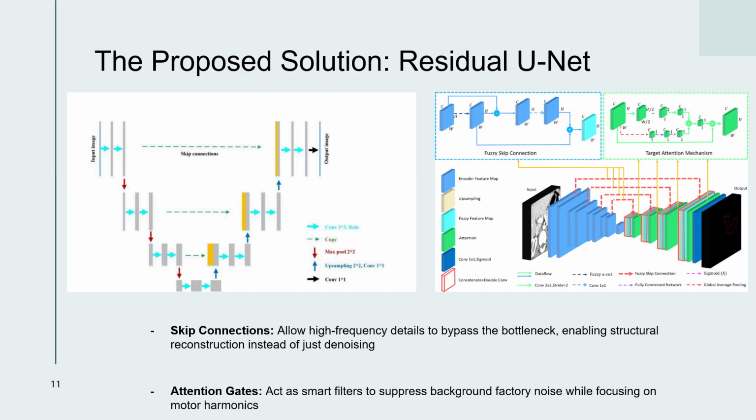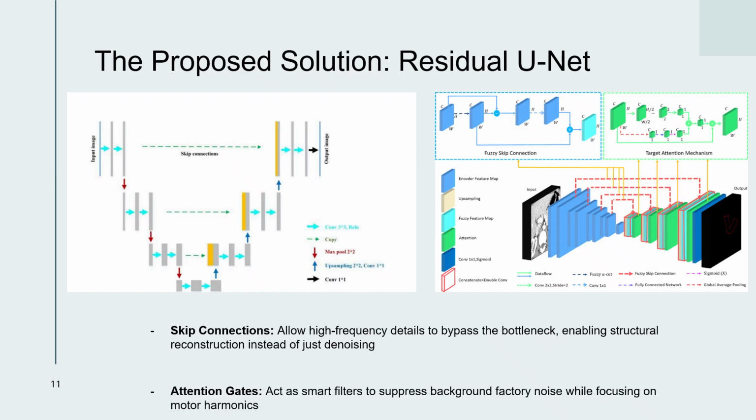These skip connections are like teleportation tunnels. They take the high resolution detail from the start and teleport it directly to the end, bypassing the compression. This turns the task from simple denoising into structural reconstruction.